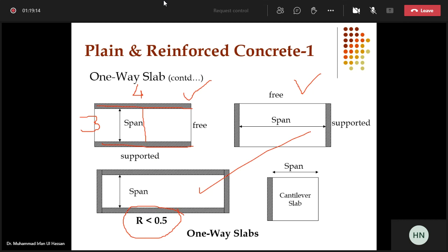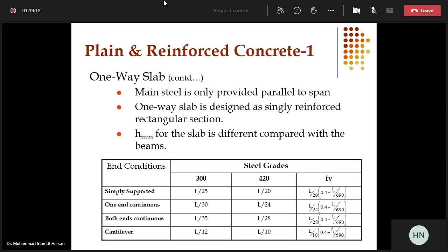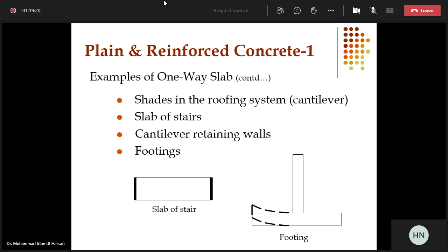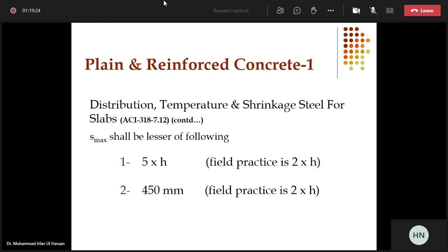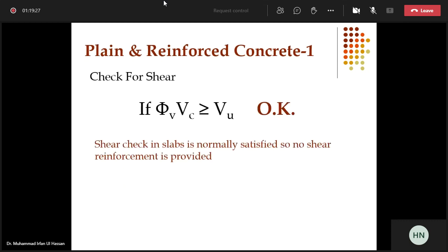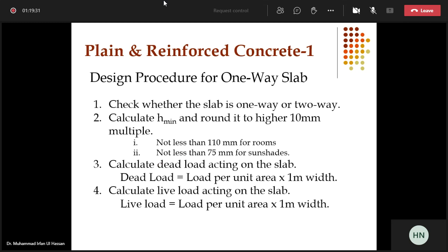A cantilever slab is always a one-way slab. These are the one-way slab examples where one-direction moment is dominant, and you can use the ACI coefficients for the one-way slab.